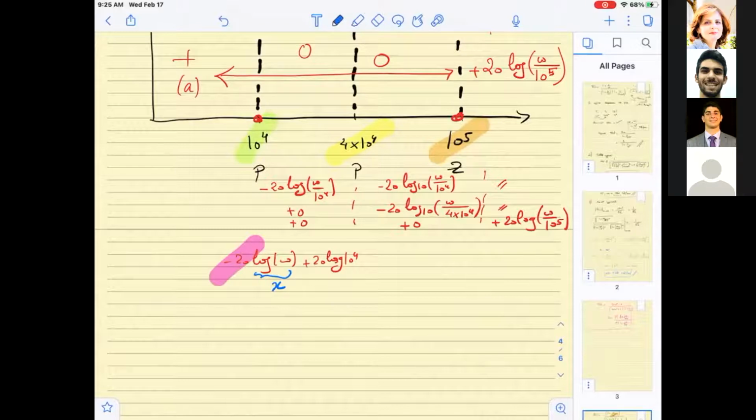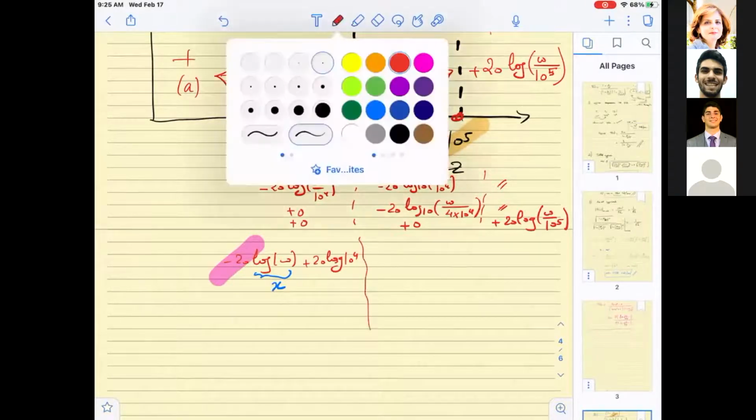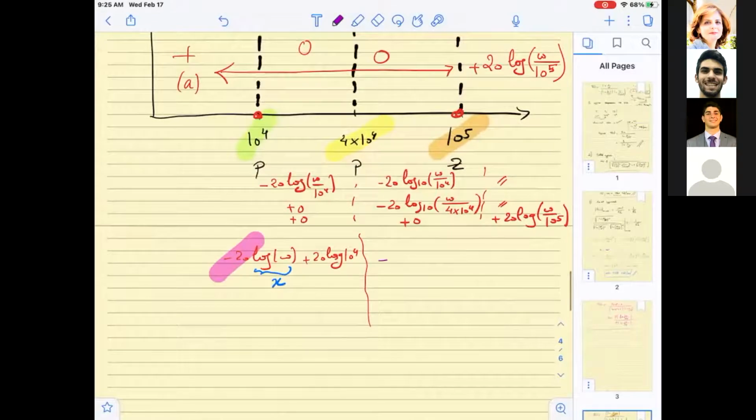Now if I carry this on to the next set of equations, and let us carry it on here. If I expand this form here, I will get minus 20 log omega plus 20 log 10 to the 4 minus 20 log omega plus 20 log 4 times 10 to the 4 plus 0.